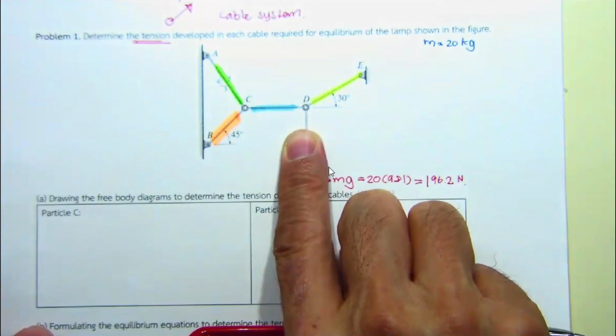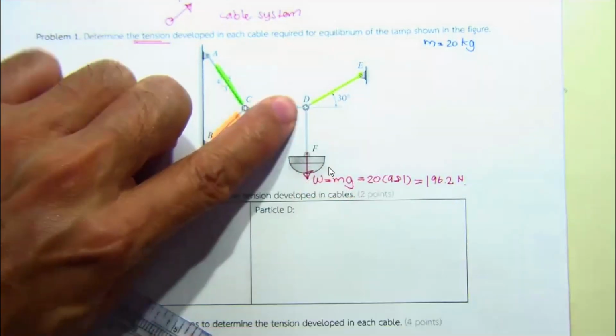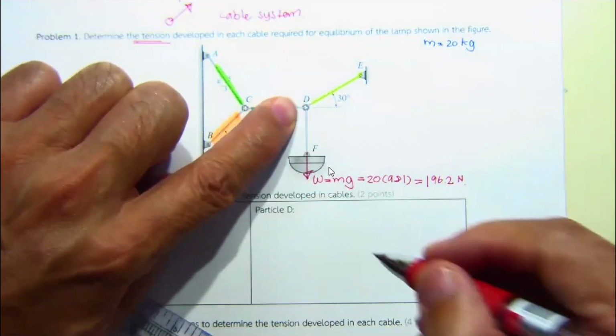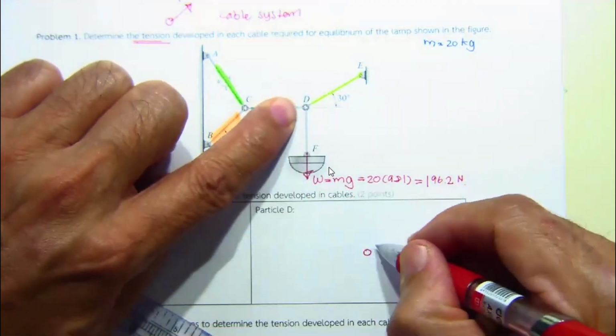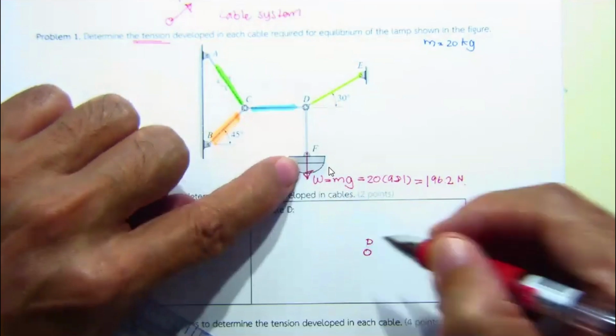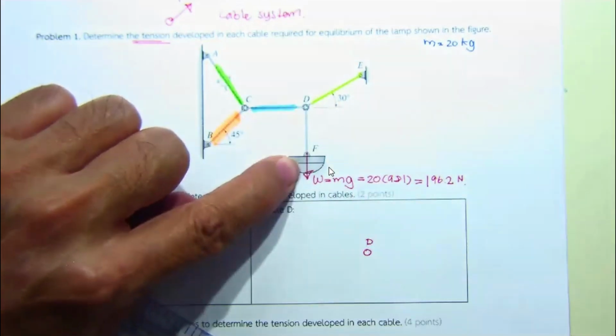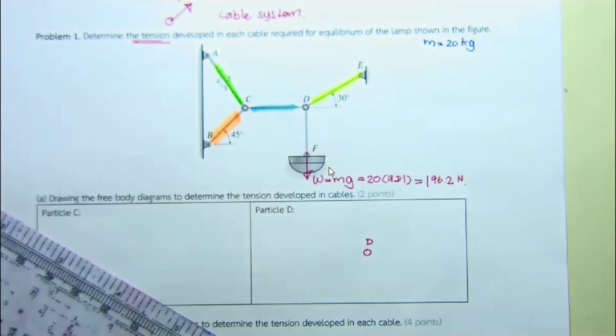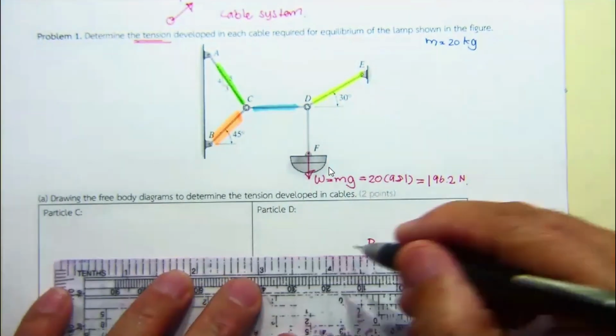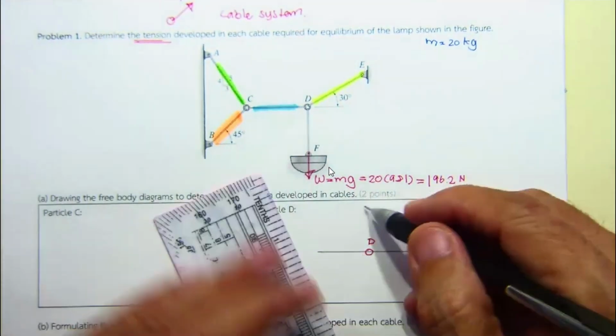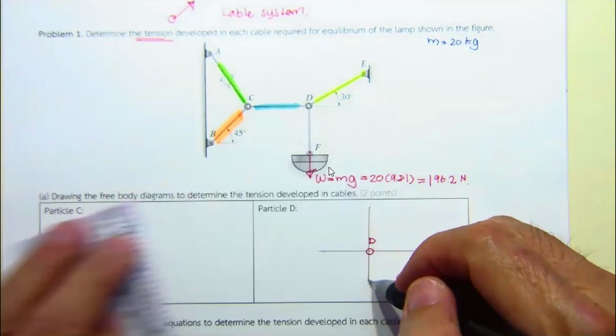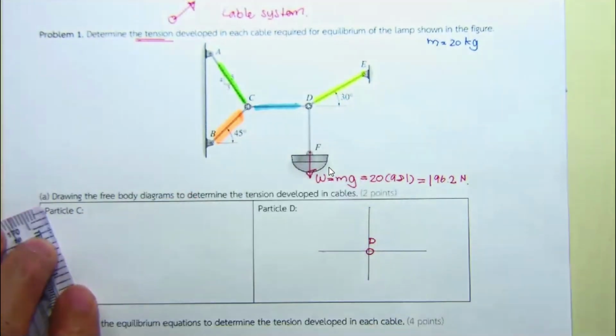I suggest you start the free body diagram from the joint that's subjected to the external force. You will be required to draw the reference axes.